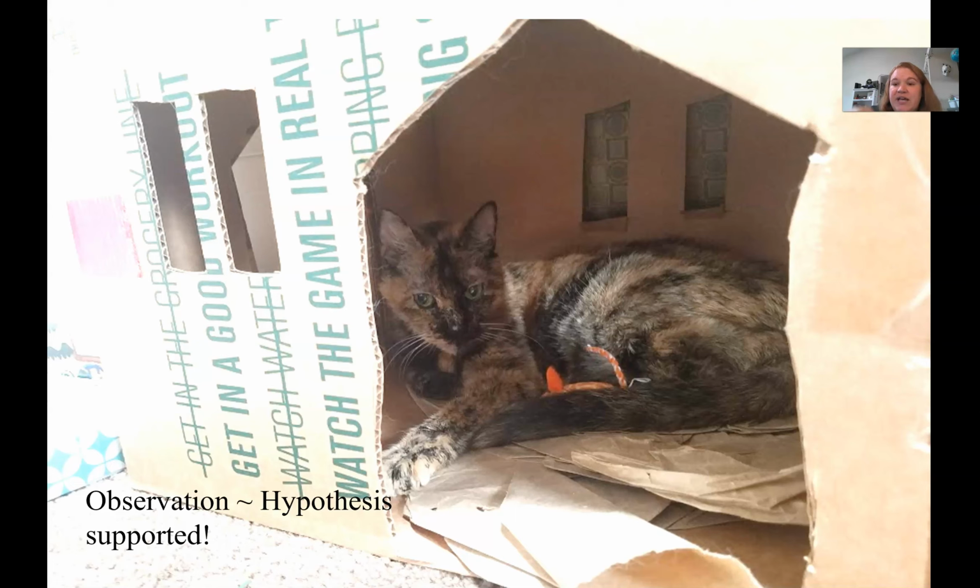If you're cooking and you taste something, you're seeing how it tastes, and your observation, if it needs more salt or garlic or paprika, you add that based off of the observation you made, that it didn't taste quite right. So we do these all the time without really realizing it.